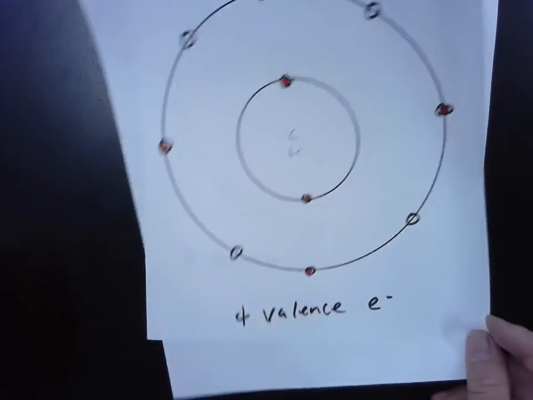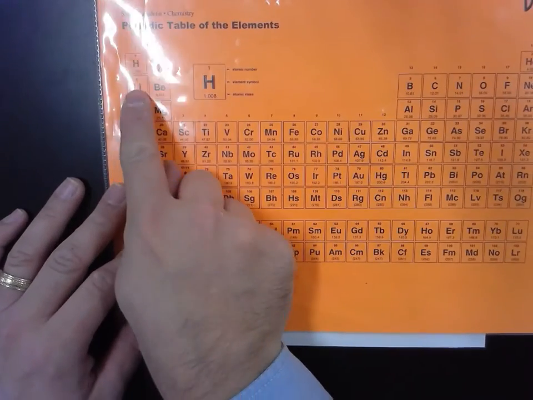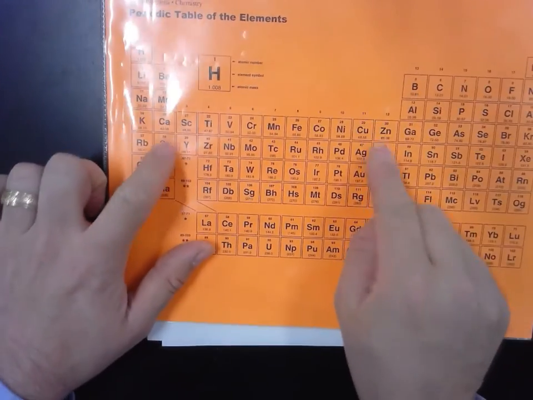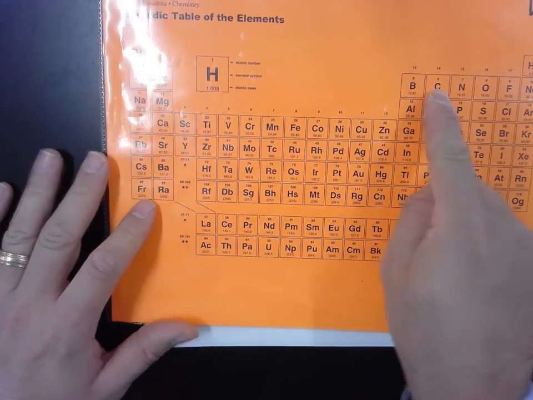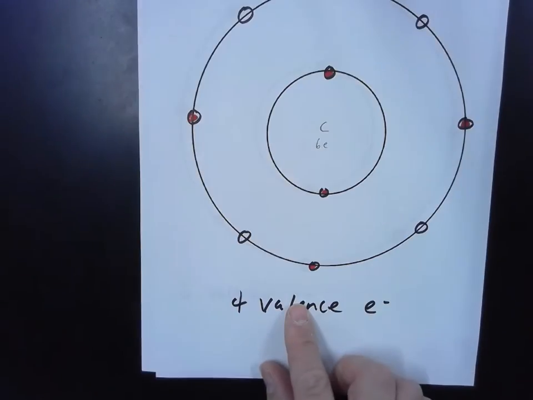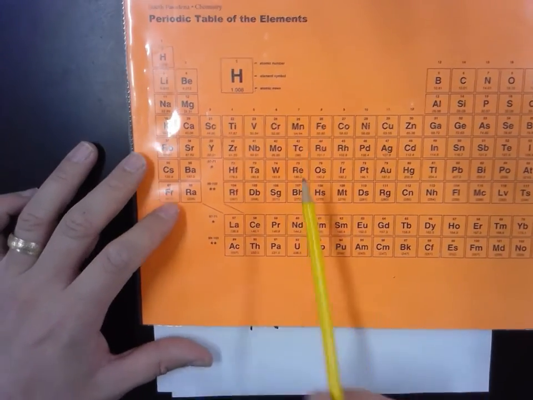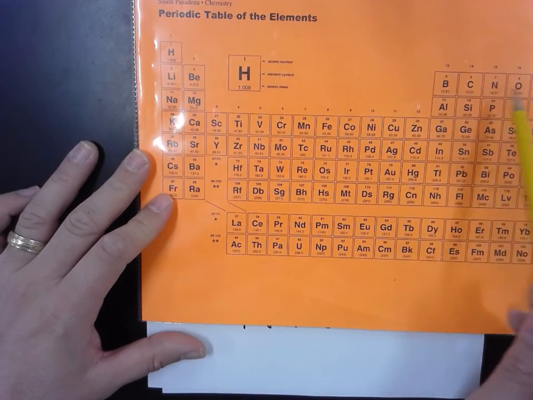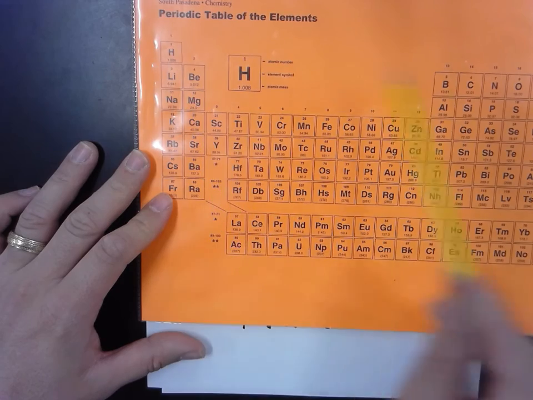Let's look at carbon. 1, 2, skip this, 3, 4. 4 valence electrons.